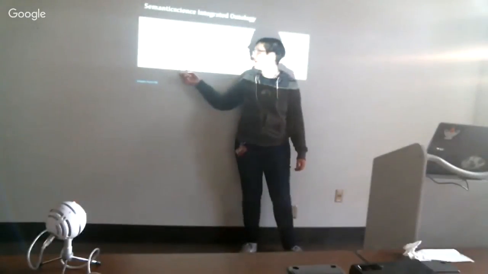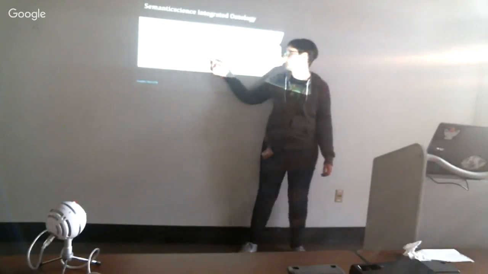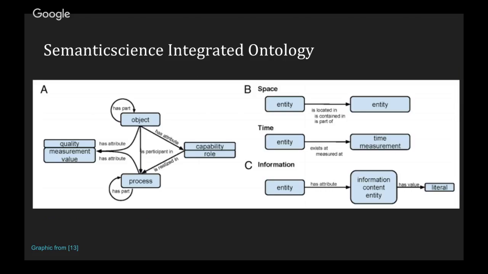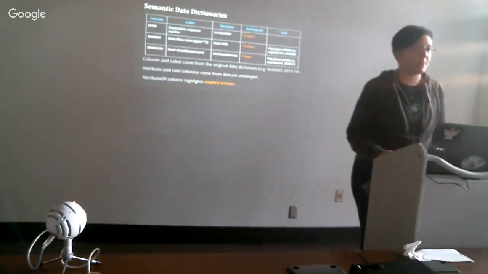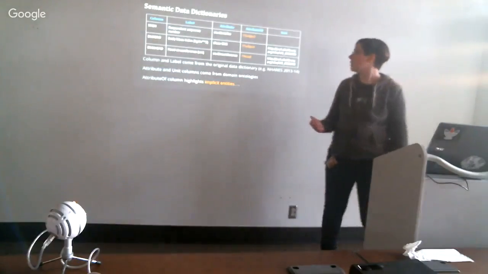They have attributes. They participate in processes, and they have capabilities and roles. Sometimes you'll have entities located in or part of other entities. So if the subject has part arm and you're measuring the arm length as part of your anthropometric measurement, those sorts of relationships, SIO captures that structure very well. And then in the semantic data dictionary, you can expand on the type and relationship information that you need to round that out.